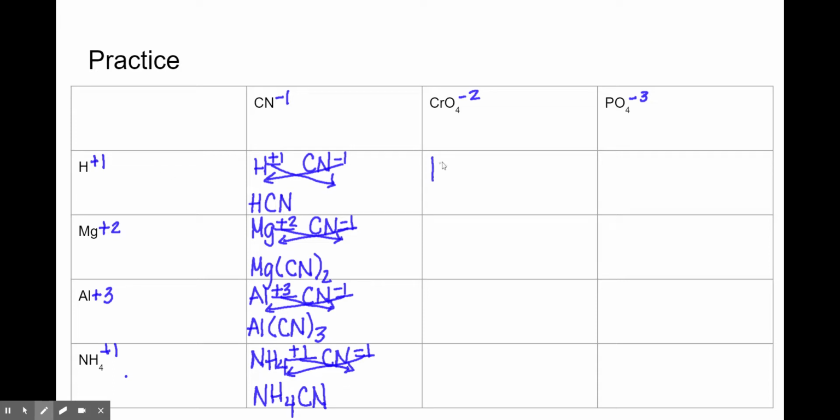So crossing here, I have H+, and then chromate, which is CrO4 -2. I'm going to cross those charges. So I have H2. 1 is my subscript for my CrO4. So I just write CrO4.